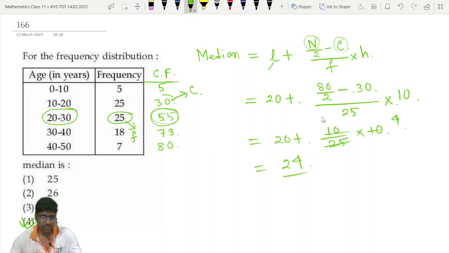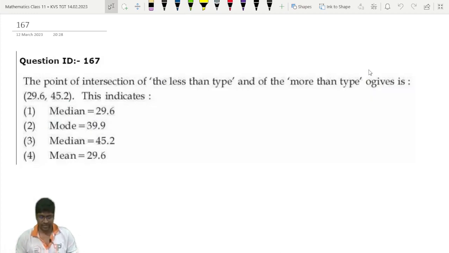So this was question number 166. Now next we will move to question number 167. The point of intersection of the less than type and the more than type ogives is this.